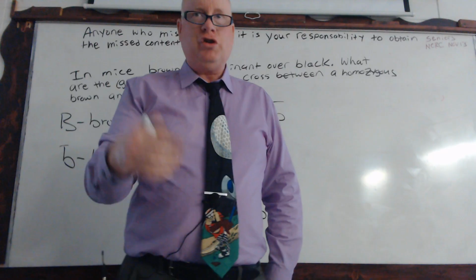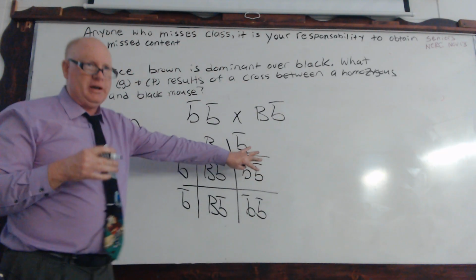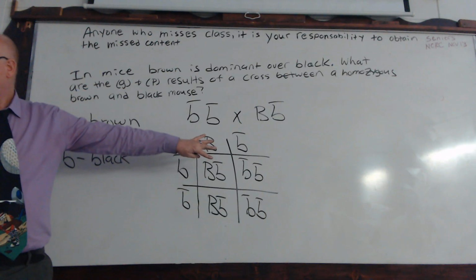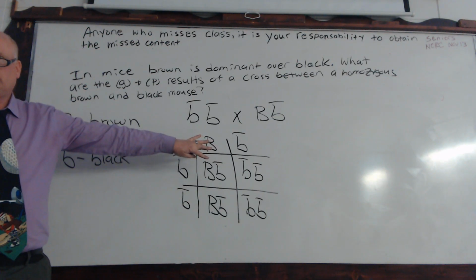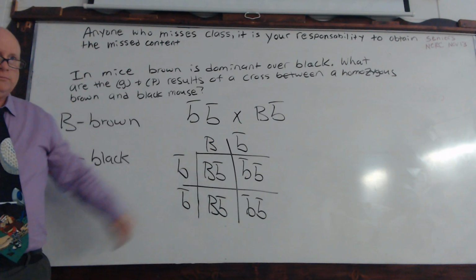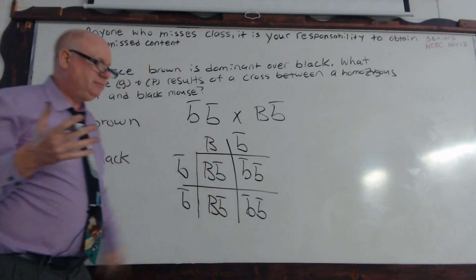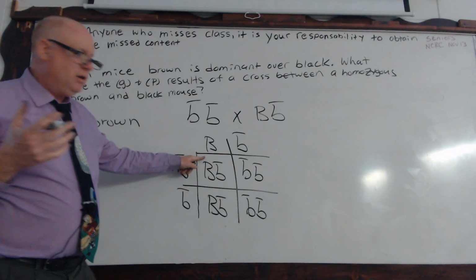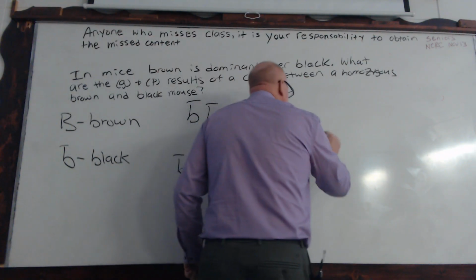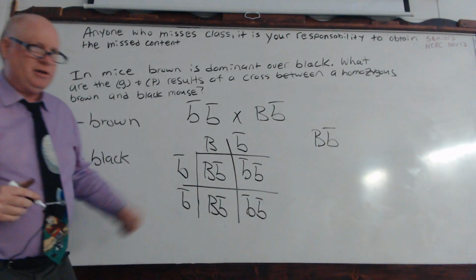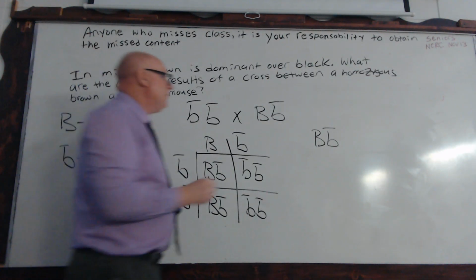So what is your genetic makeup in this cross then? Then you have two lowercase. So pick out a box. This one. So we see this. How many times do we see that in here? Two times.